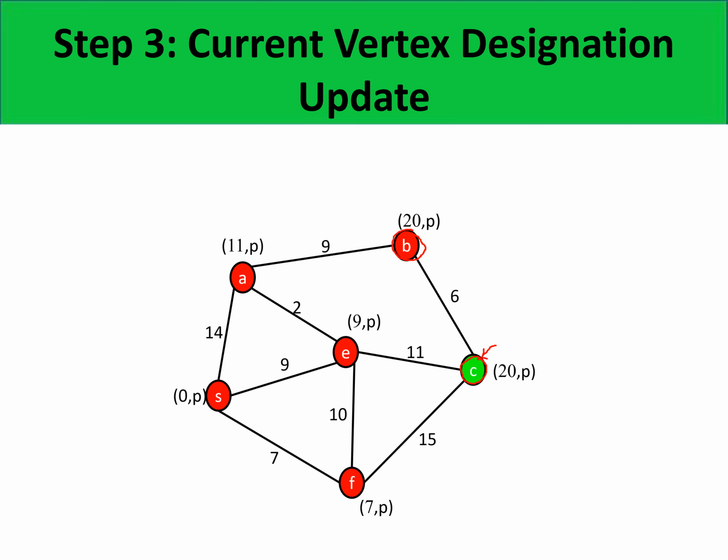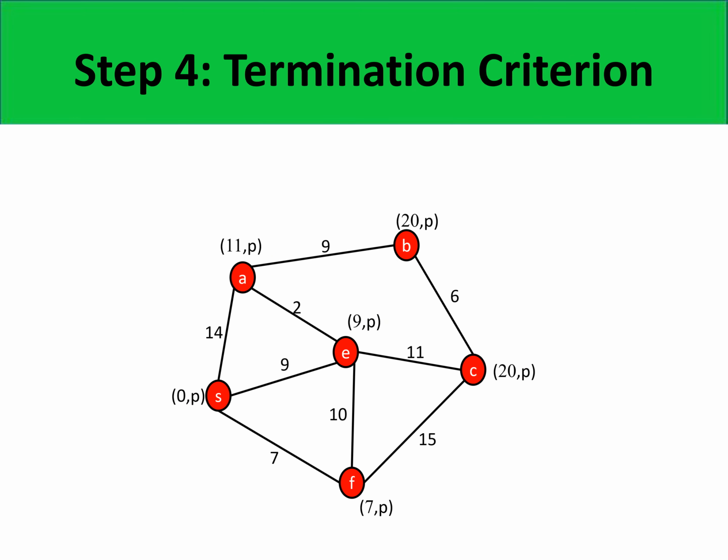However, since all the vertices now have status label permanent, that means that the algorithm terminates. This means that all the vertices will now be colored red, and now we have solved the shortest distance from the starting vertex S going to all the other vertices in the graph.